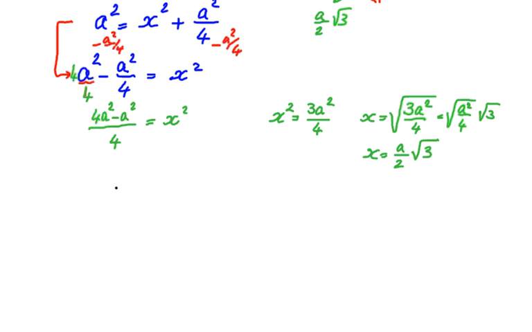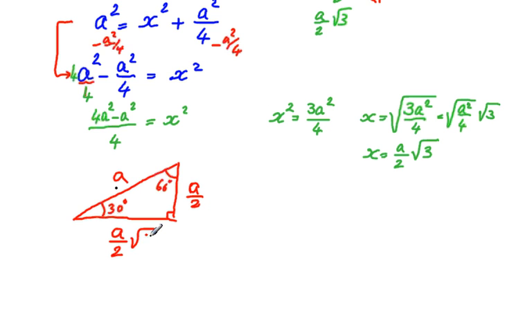So let's redraw this thing. Again, this was 30, this was 60, this was a. Opposite of 30 was half of this. And the other one was what? A over 2 radical 3.